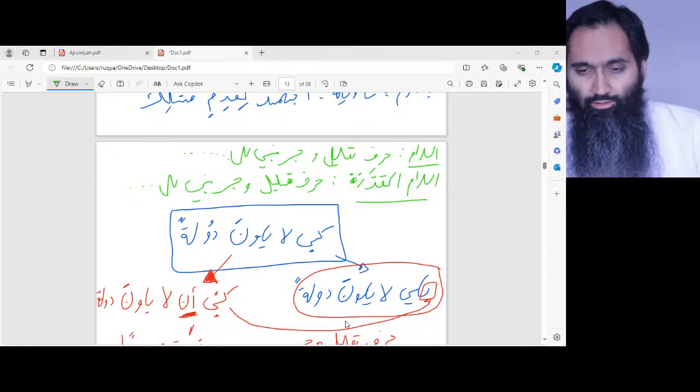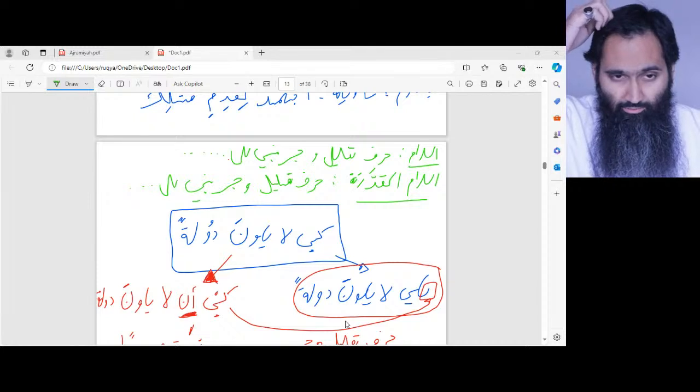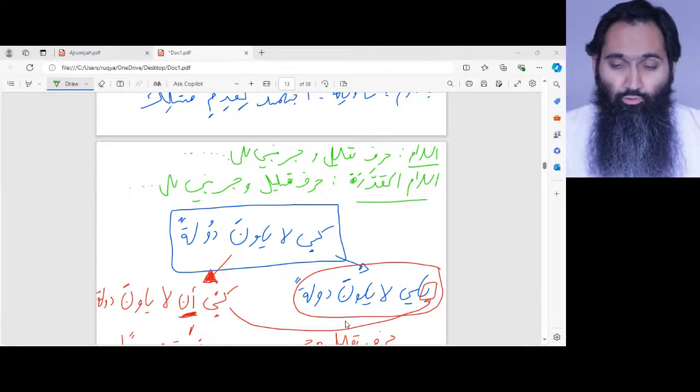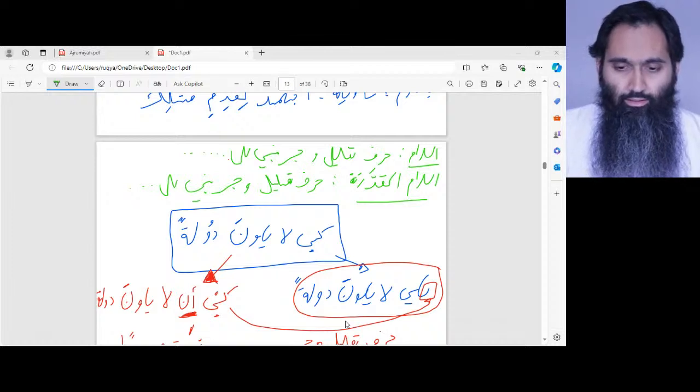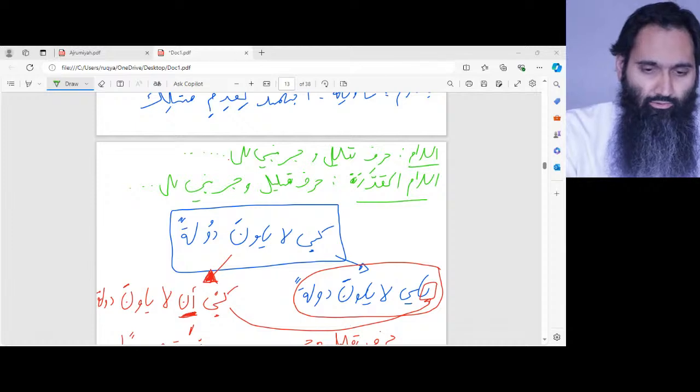Yeah, so Adam, the name of the book is Qatr an-Nada wa Ballu as-Sada. I'll write it here for you.